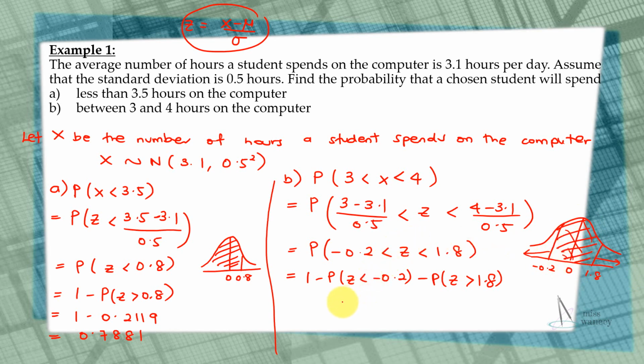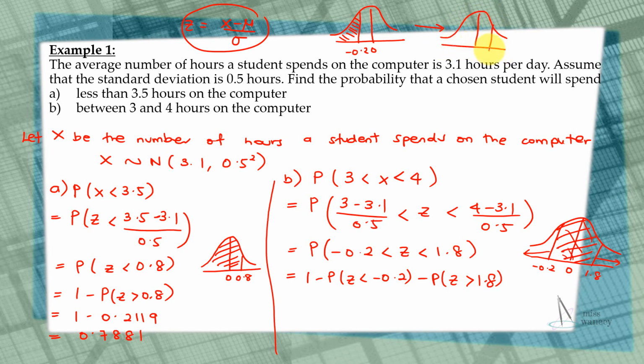Okay, so if you refer to the table, we don't have anything with negative, so I should check what is this Z less than negative 0.2. So again, draw the bell-shaped curve. So the middle part is 0, the left hand side is negative 0.2, Z less than negative 0.2, so this is the region. Therefore, you should take the symmetrical of this, so flip it.